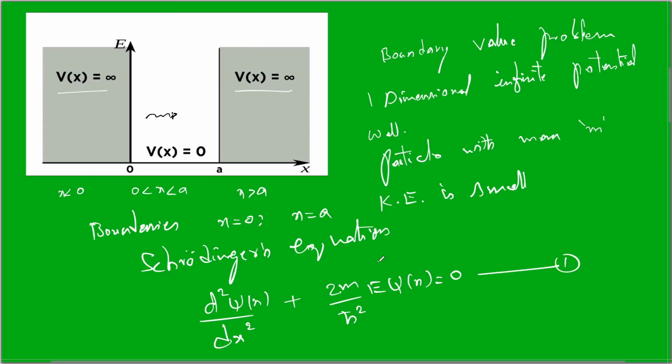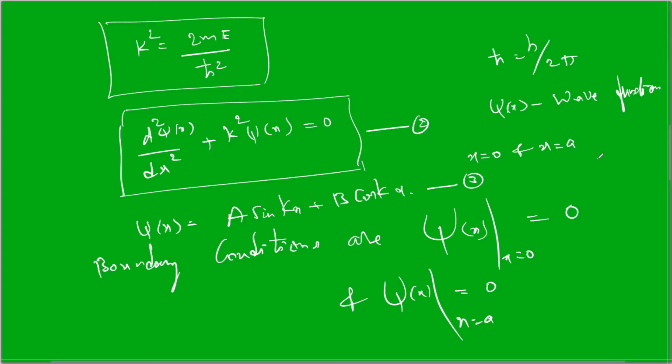We have written the Schrödinger's equation as d square psi of x by dx square plus 2mE psi of x upon h bar square is equal to 0, where h bar is equal to h by 2 pi. We have defined a quantity k square as 2mE upon h bar square. Using k square, we have written the Schrödinger's equation in a known differential equation form, that is d square psi of x by dx square plus k square psi of x is equal to 0.